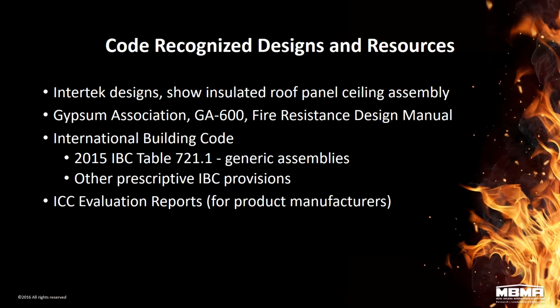So in some cases this table can be quite handy, particularly with remediation of older buildings, in verifying and validating that a construction is of a certain fire resistance level. There are also, in Chapter 7, other prescriptive IBC provisions that we'll get to later in these presentations.